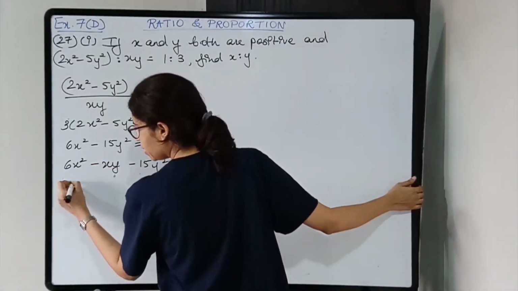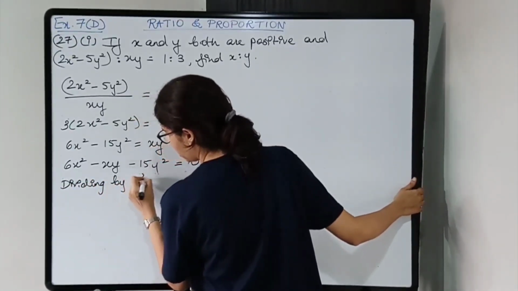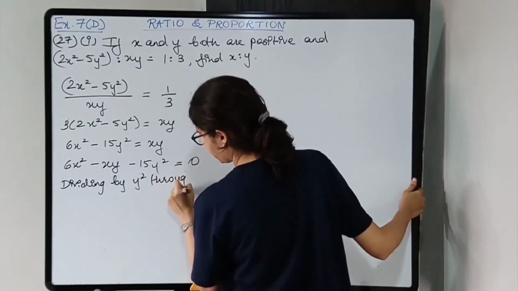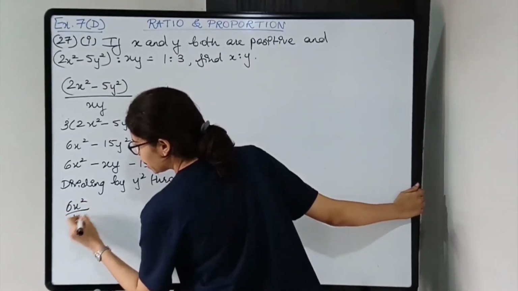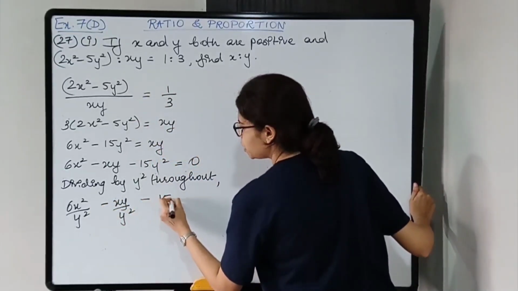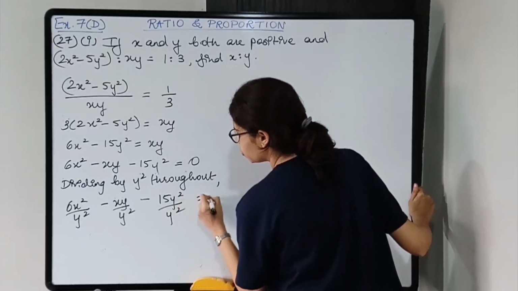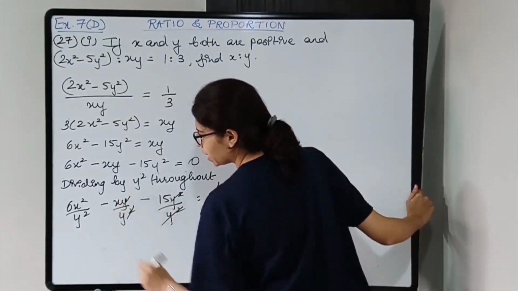So dividing by y square throughout. So 6x square upon y square minus xy upon y square minus 15y square upon y square is equal to 0 upon y square. Y square cancelled, 1y cancelled.